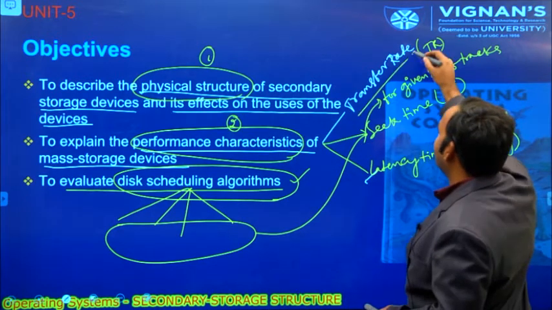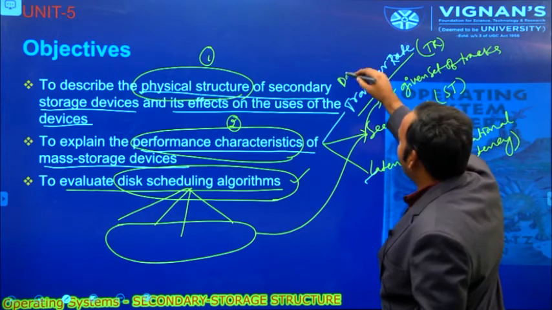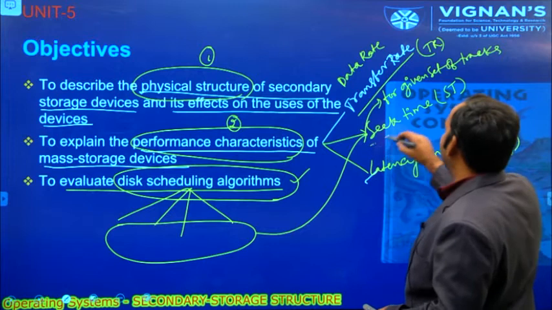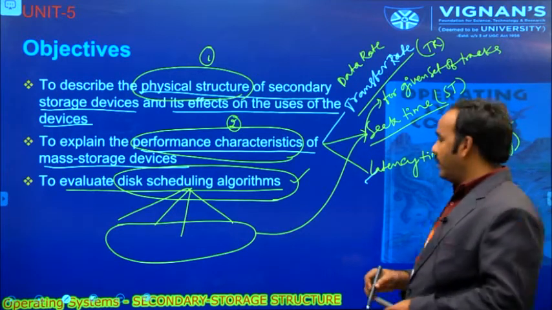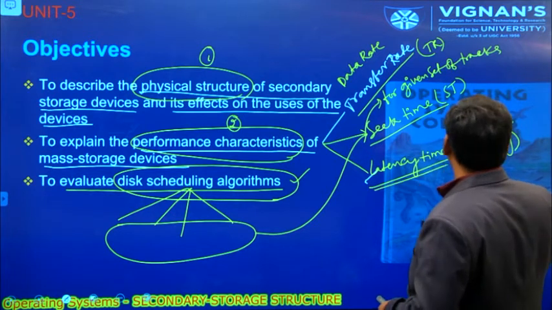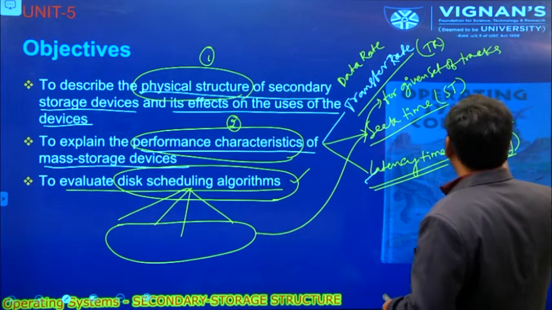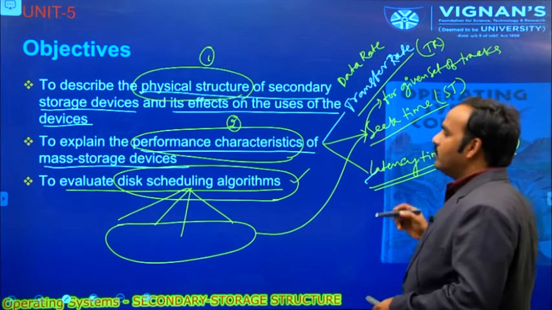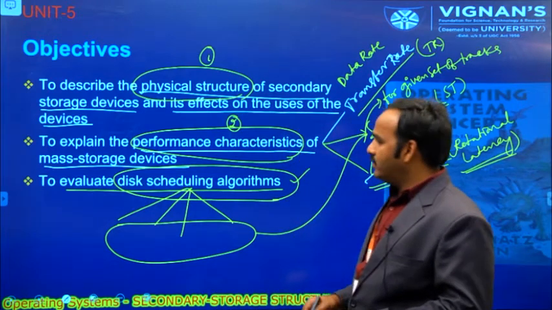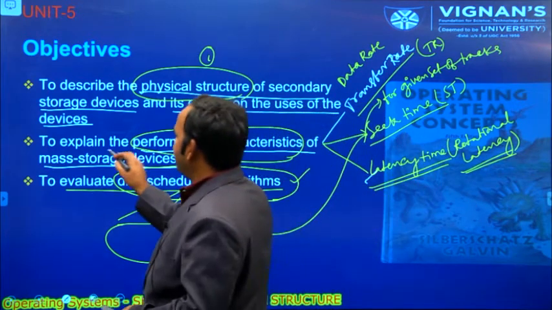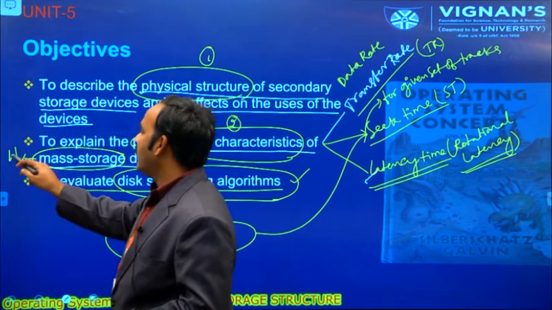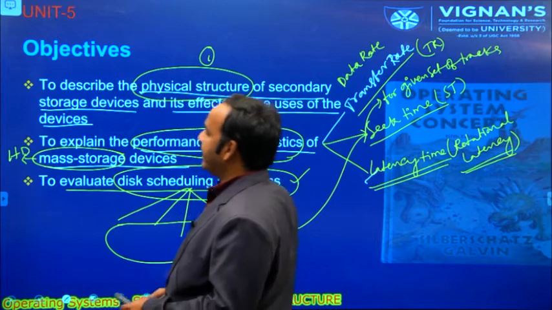What is transfer rate or data rate, what is the seek time and how the seek time will be calculated, what is the formula, and what is the latency time or rotational latency. All those things we will study as the performance characteristics of mass storage. Mass storage means, as we saw in the last slide, hard disk or magnetic disk.